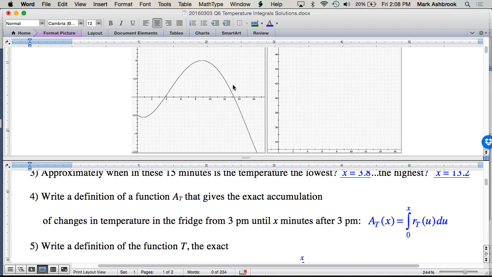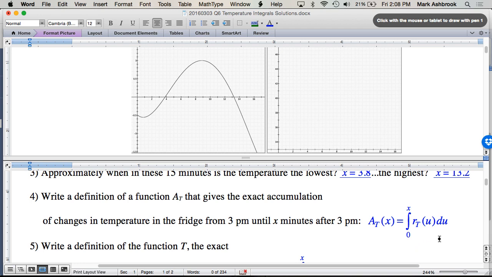Questions on the exact net accumulation function? Yes, please? Would we be wrong if we use the sigma r sub t x sub i times delta x sub i? Yeah, because we want to express, if you did that and then you said for really super small delta x's, then that's okay. But the whole point is this is a much cleaner expression, right?